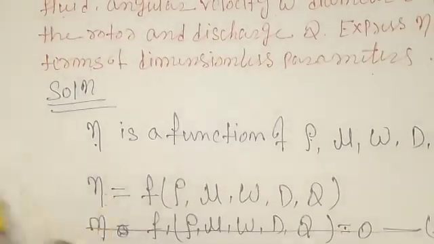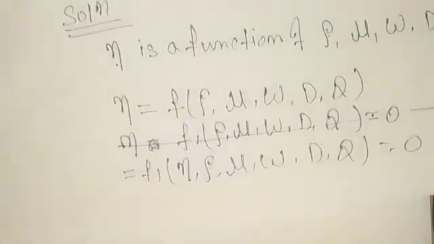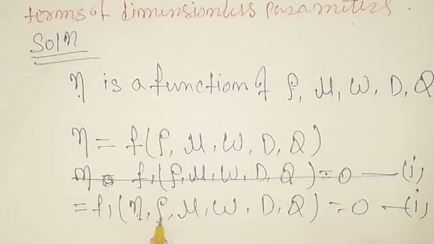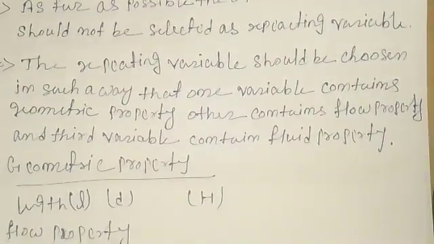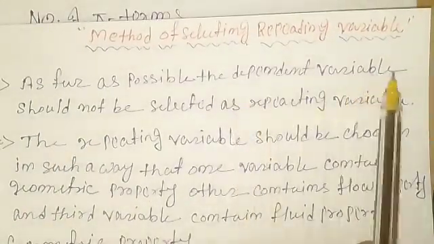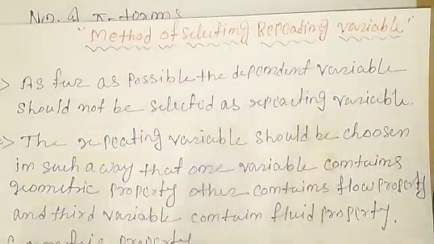Actually the variables here are, I am showing, the efficiency, density, viscosity, angular velocity, diameter and discharge, right? So now we have a method of selecting the repeating variables. One point is that as far as possible the dependent variable should not be selected as a repeating variable.